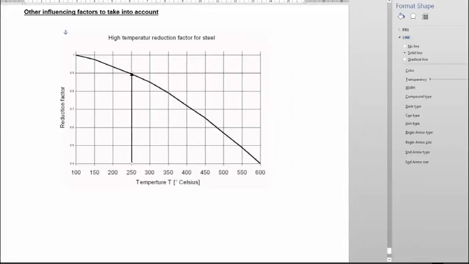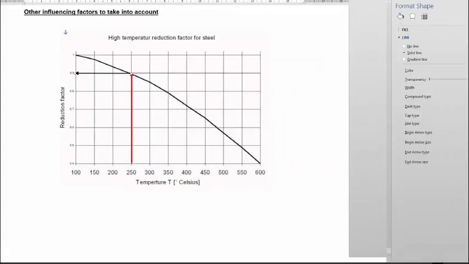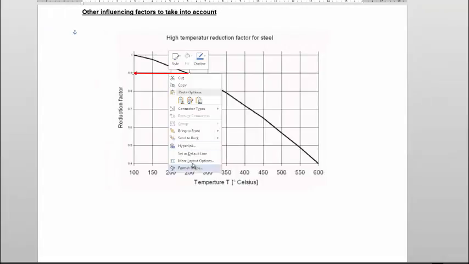Let's make the arrow a little bit darker, let's make it red so that it stands out a little bit. And from this we can see that the affecting factor for temperature works out to approximately 0.9. At this temperature of 250 degrees Celsius, we sit with 0.9.